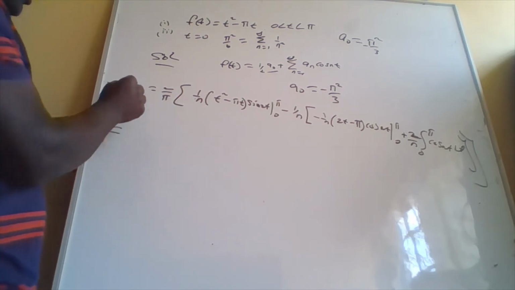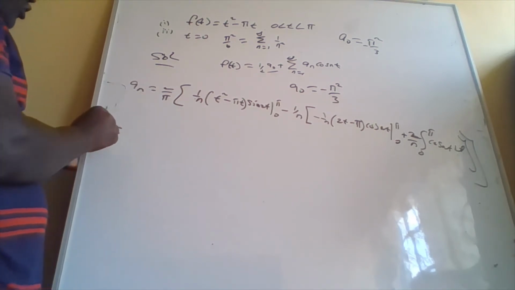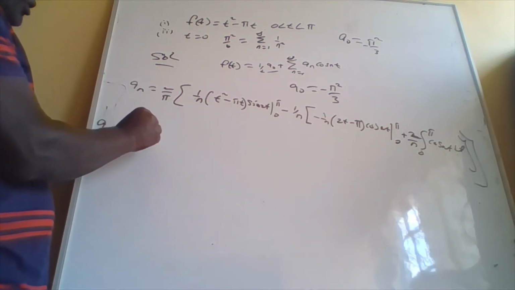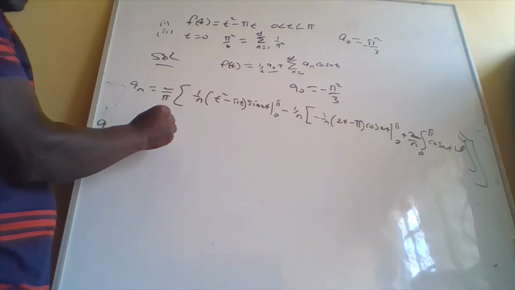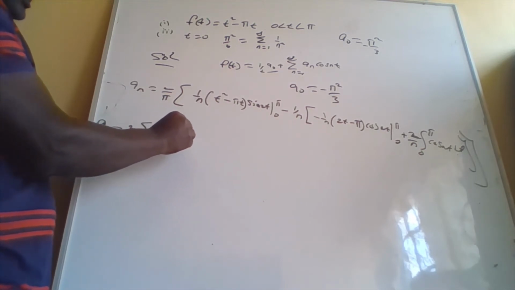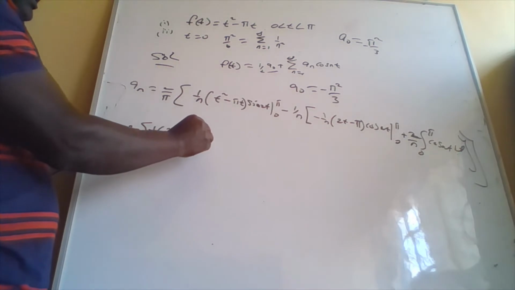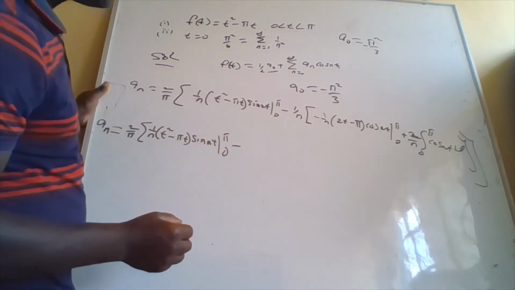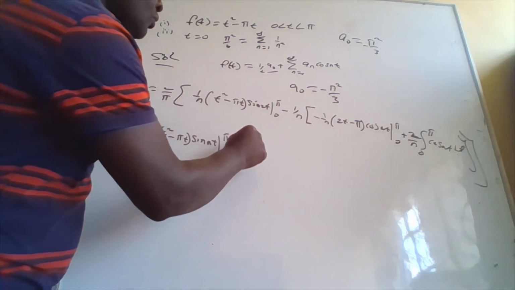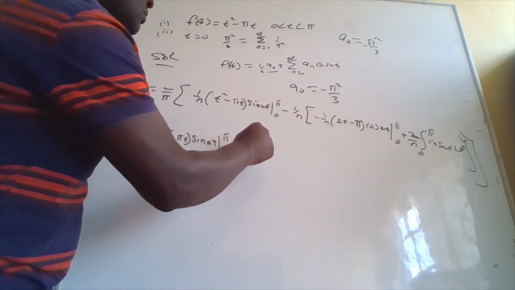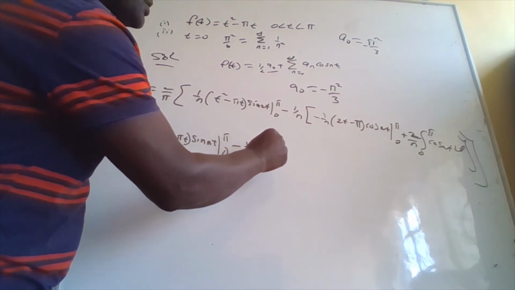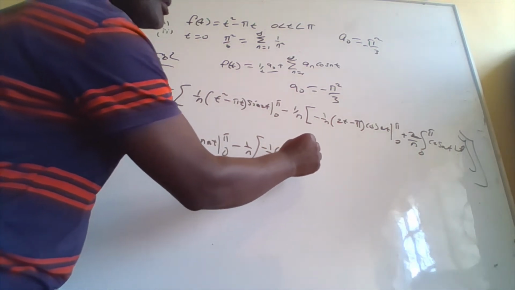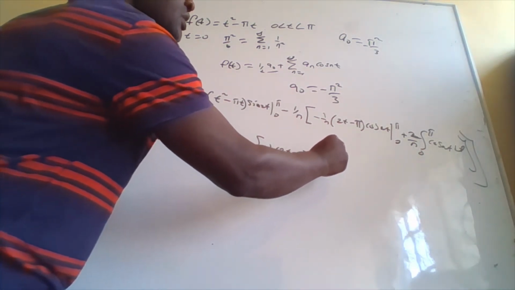Now this will be equal to, of course, the an 2 over pi into 1 over n t squared minus pi t sine nt minus 1 over n minus 1 over n 2t minus pi cos nt.